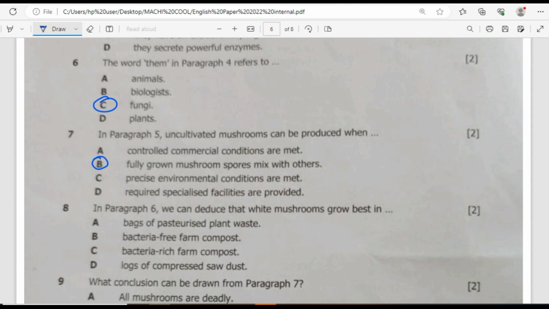In paragraph 6, we can deduce that white mushrooms grow best in bags of pasteurized plant waste, bacteria-free farm compost, bacteria-rich farm compost, or logs of compressed dust. So the answer here is bacteria-free farm compost.